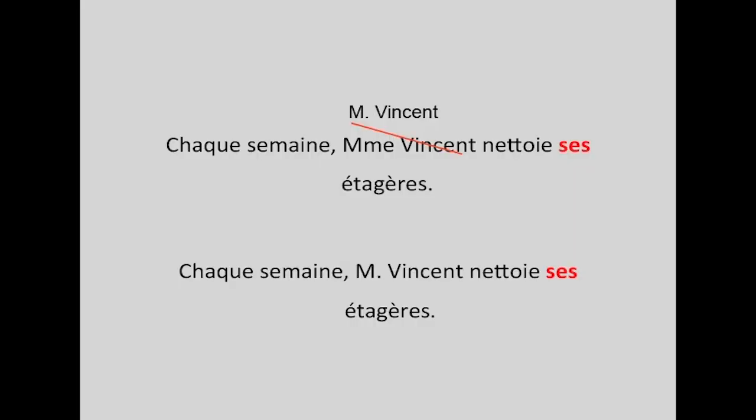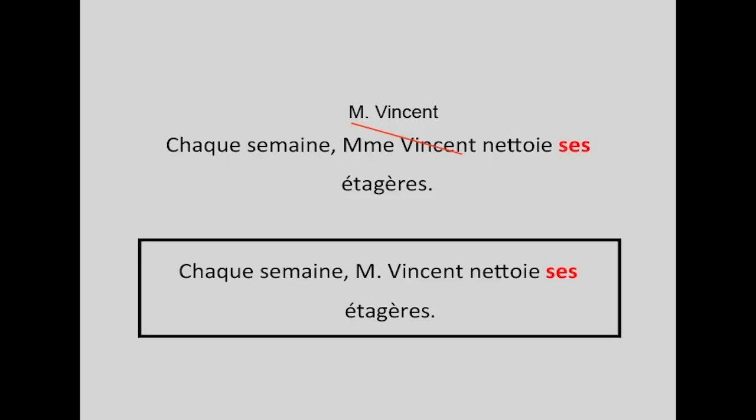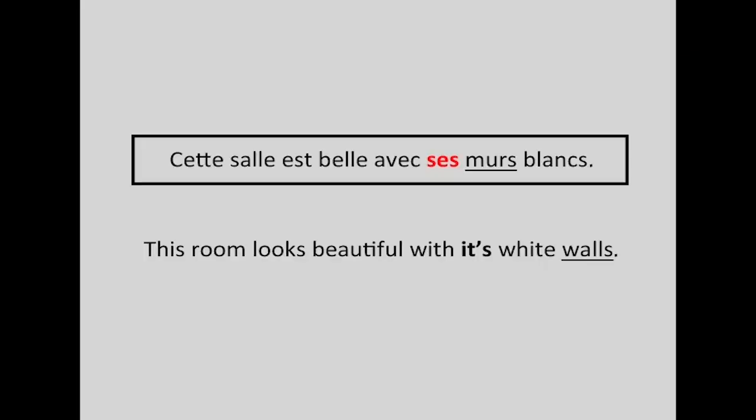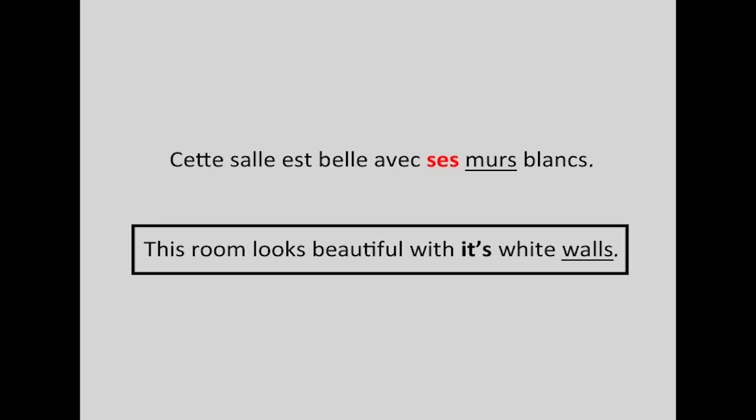Madame Vincent can be replaced with Monsieur Vincent and it would not alter the possessive adjective. Chaque semaine, Monsieur Vincent nettoie ses étagères. Similarly, ses can also be translated as its. For example, cette salle est belle avec ses murs blancs. This sentence translates as this room looks beautiful with its white walls.